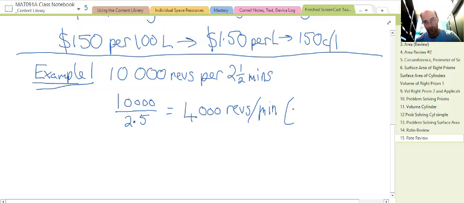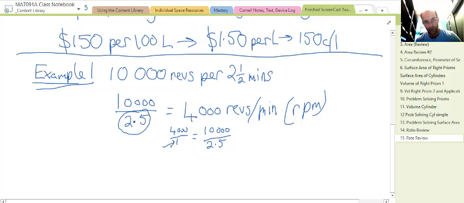4,000 revs per minute, or RPM, they're called in everyday talk. So the idea is to get the bottom, the denominator, as 1. So that would be the same as 4,000 over 1. 4,000 over 1 is the same as that 10,000 over 2.5.